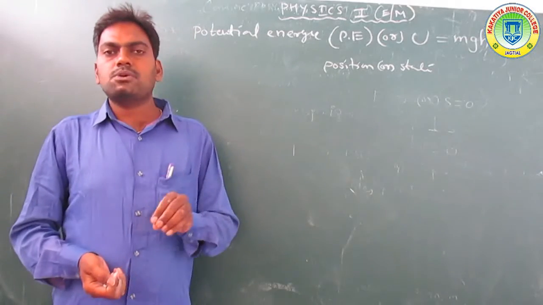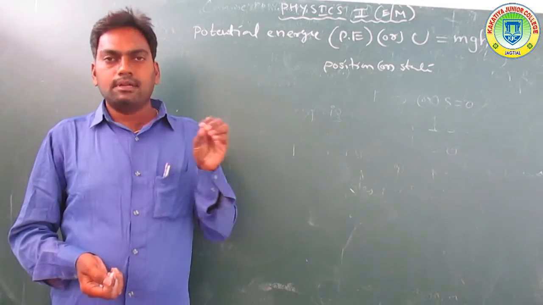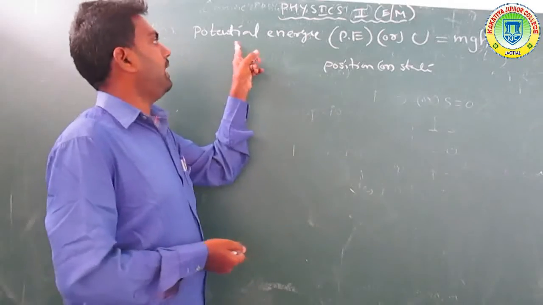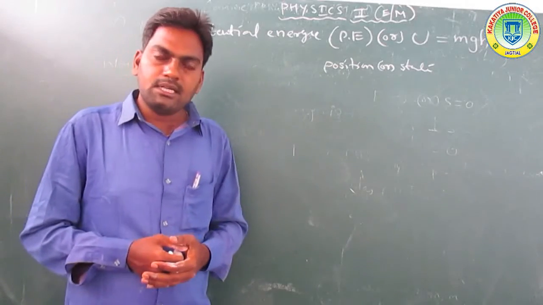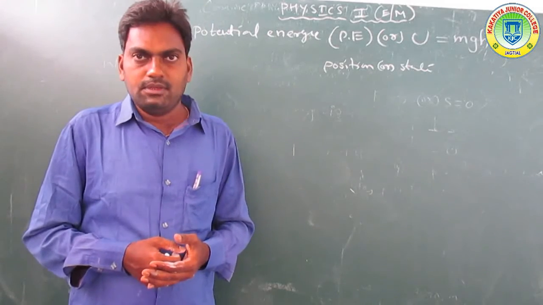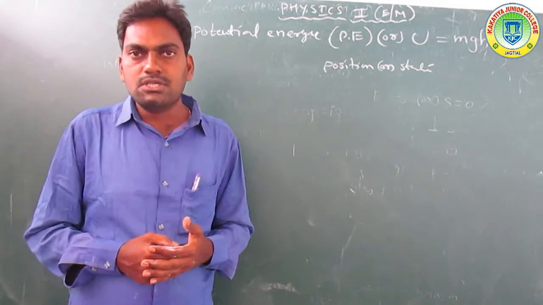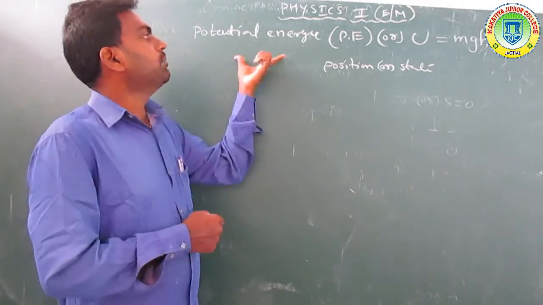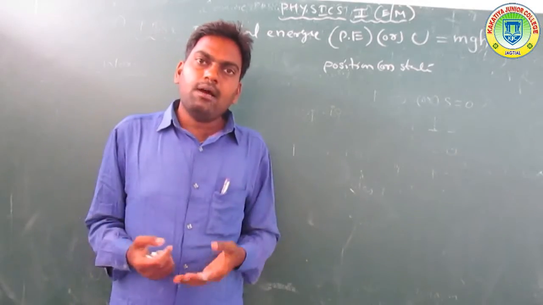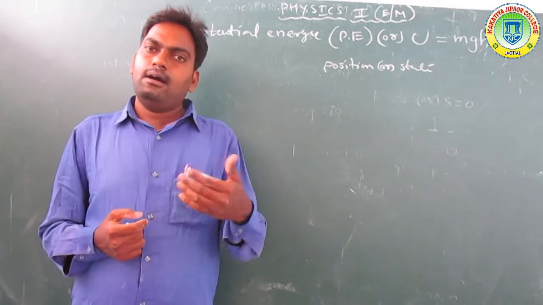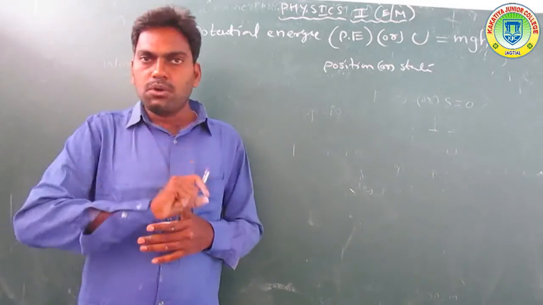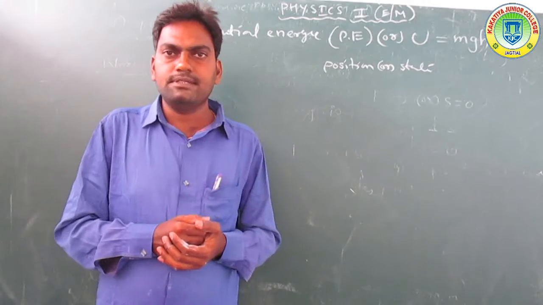Water stored in a bucket or reservoir contains potential energy. A bullet stored in a gun also has potential energy.